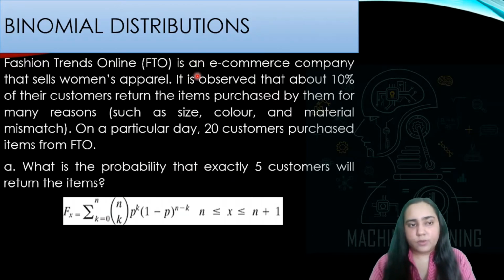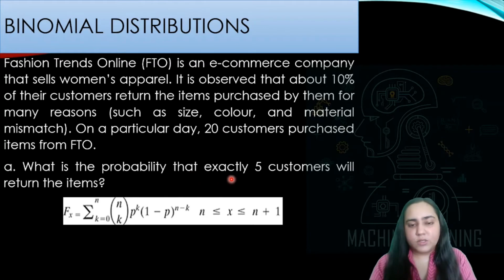You're already told that 10% of customers, it is observed, are always returning items. So the probability of a customer returning something is 0.1. We should remember that. It is also told to you that on one particular day, there are 20 customers who have purchased something from FTO.